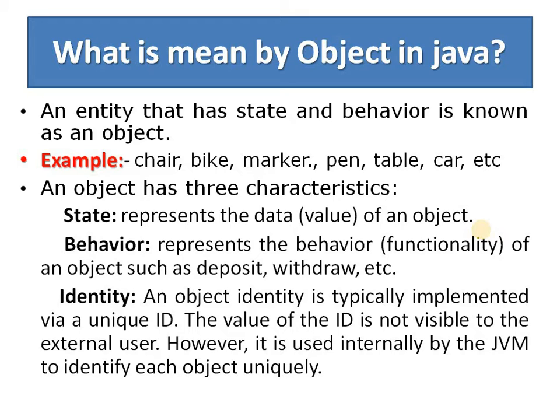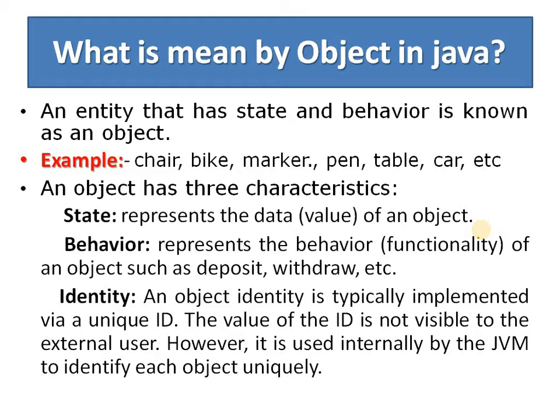An object has three characteristics. Now let's see one by one. State. The state represents the data or value of an object. And behavior. The behavior represents the functionality of an object, such as deposit or withdrawal, etc. Now, identity.